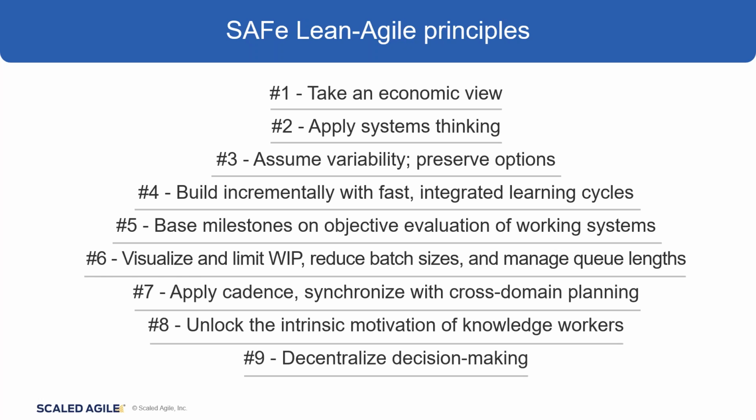And the final one is decentralized decision making. So I know these are nine different principles, and it's a lot to look at on one slide. We do not have the ability or time today to discuss the details behind all of these, but let's take a closer look at just a couple of them.